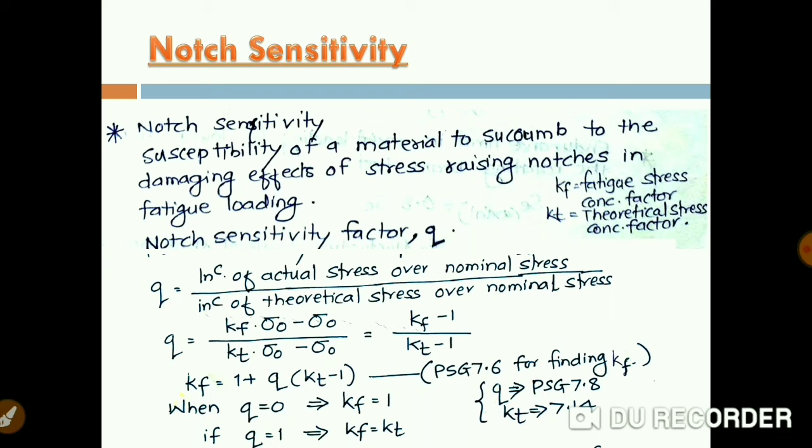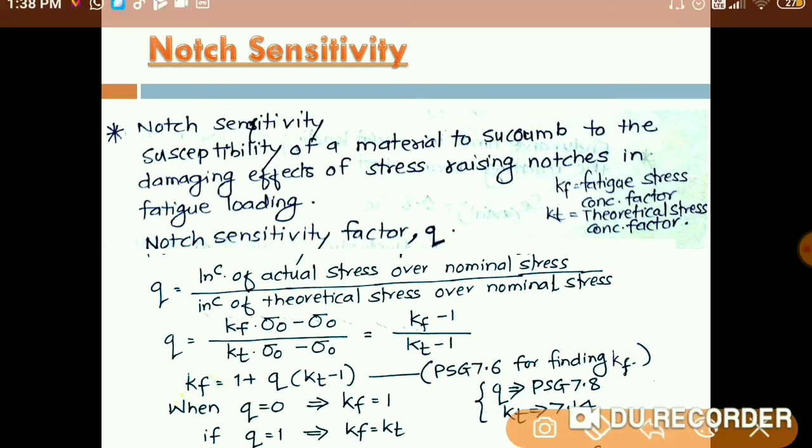Next comes notch sensitivity, denoted by q. The term notch sensitivity is used to relate the fatigue stress concentration factor Kf with the theoretical stress concentration factor Kt. It indicates the sensitivity of material to notches or discontinuities. It is defined as the ratio of increase of actual stress over nominal stress to increase of theoretical stress over nominal stress.